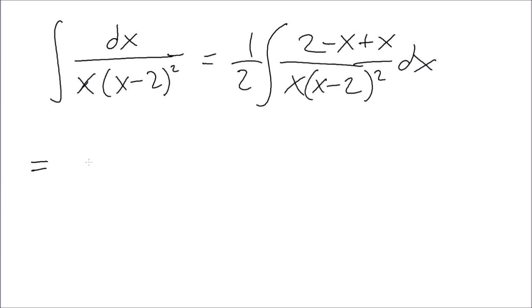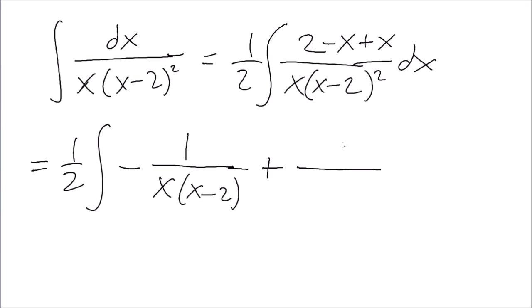Awesome. So now I have a half of the integral. This is negative when we cancel out because it's switched, right? And then here we have 1 over (x minus 2) squared, right? But we have this. What do we do now? Don't freak out. You can actually do it again.